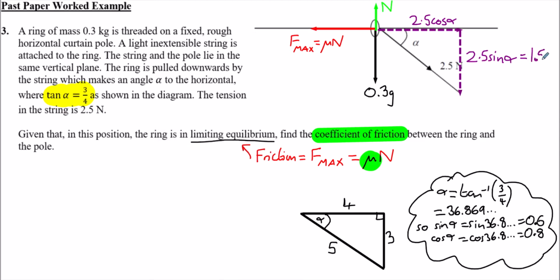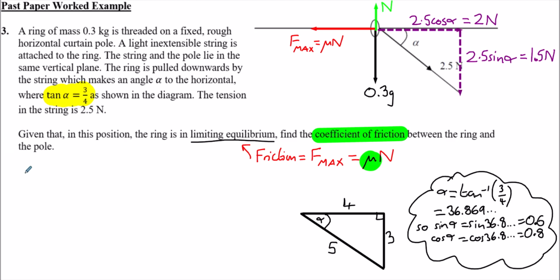So 1.5 newtons going down, and going along, 2.5 cos alpha means 2.5 multiplied by 0.8, and that's going to give us 2 newtons if you try that on a calculator. Like I've said, we can resolve in any direction first, but it turns out if we resolve perpendicularly, up and down, we can work out what the normal reaction force is.